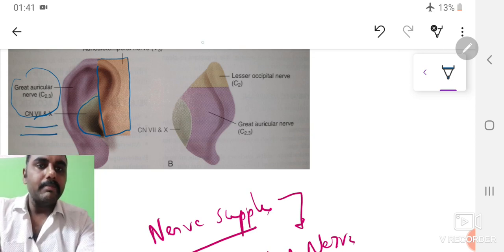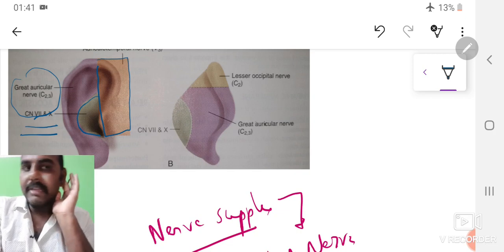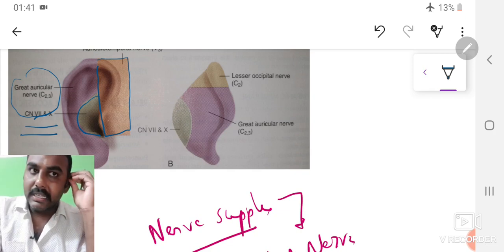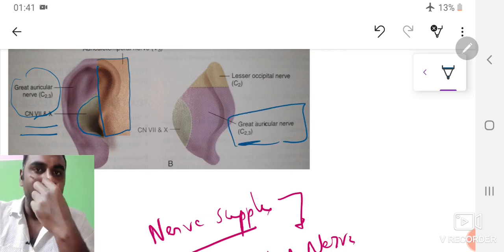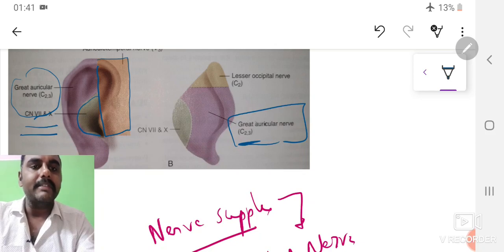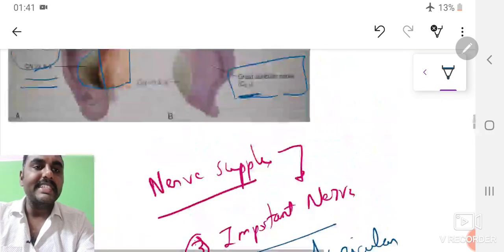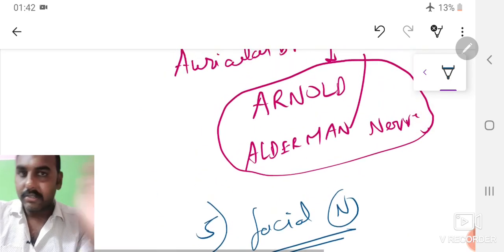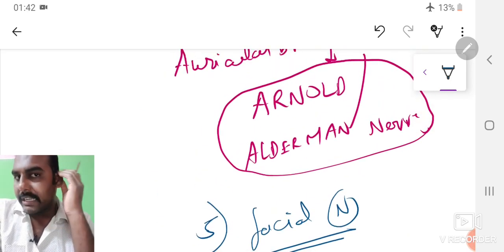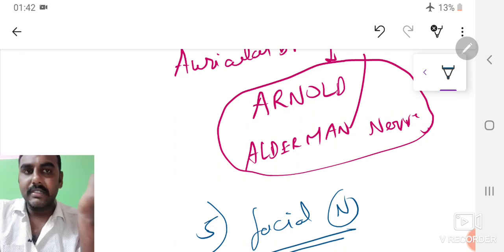Okay, in the medial aspect, the lesser occipital nerve will give only a superior contribution, and the rest is all by the greater auricular nerve, which is C2 and C3 as I mentioned. So the greater auricular nerve supplies a major contribution. What is the significance of this? If there is any neck pain, through the cervical plexus the patient may have referred pain to the ear.